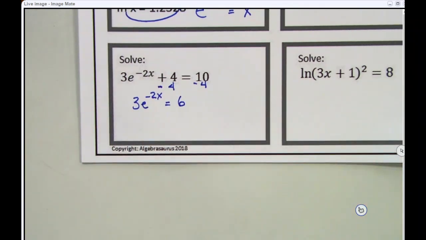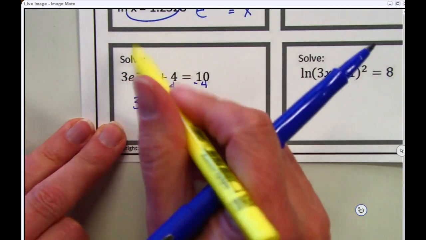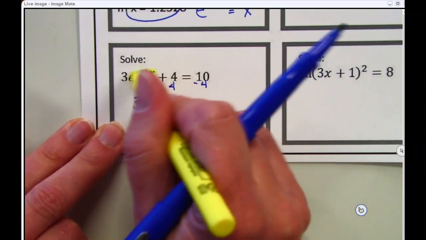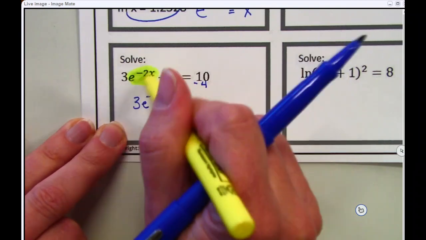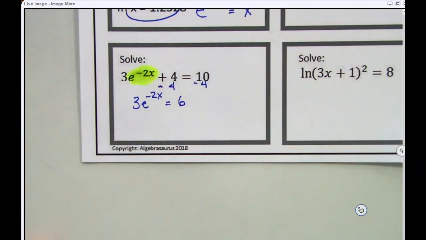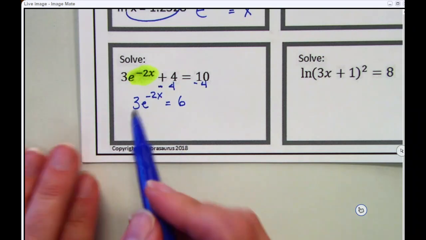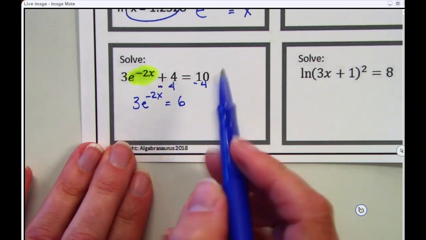What do you think we're going to do next? What I want to do is get this alone. That's what we're working on. So I'm going to need to divide by 3.